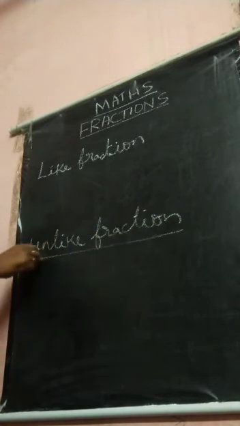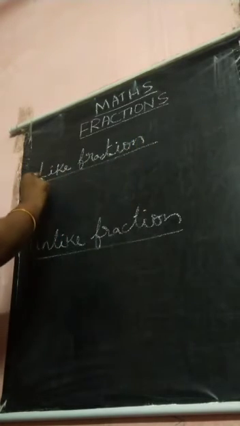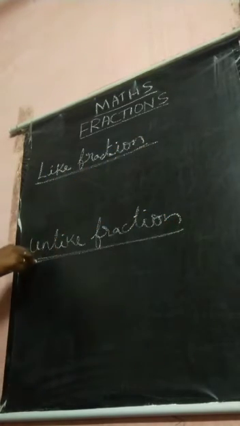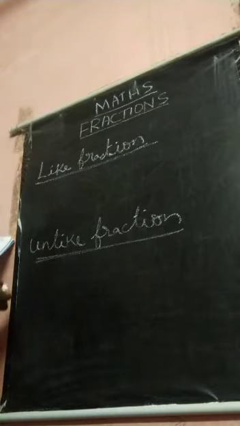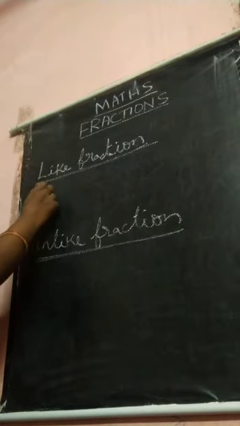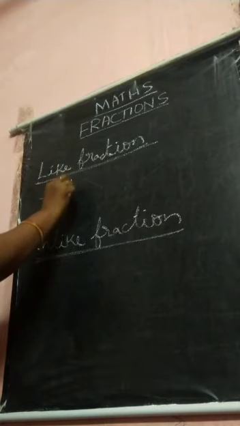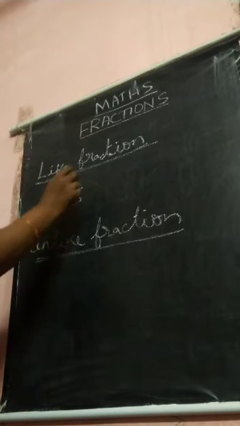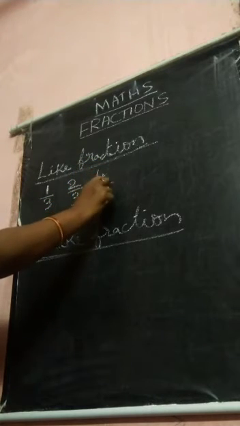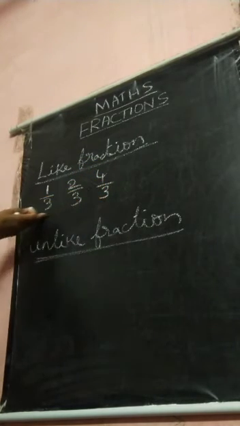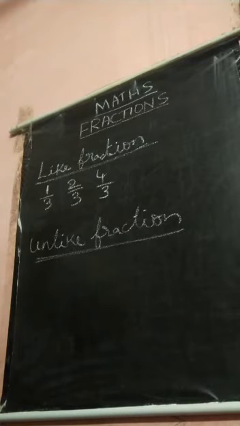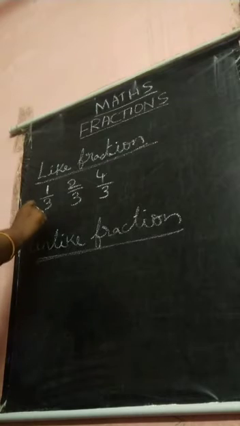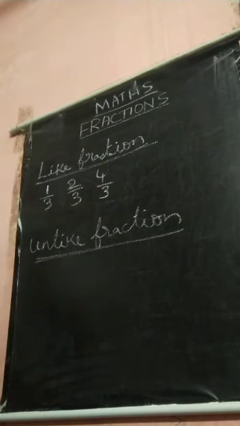Like fraction means 1 by 3, 2 by 3, 4 by 3. All the denominators are same, that is like fraction.